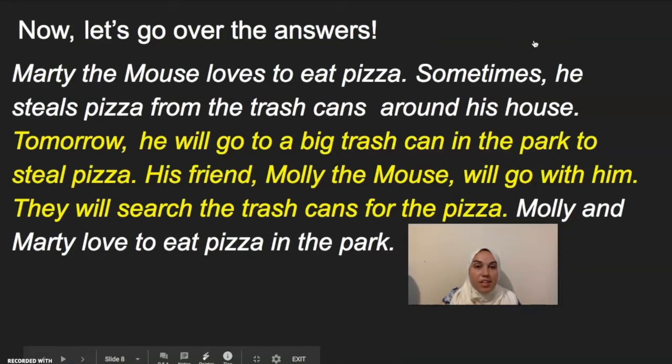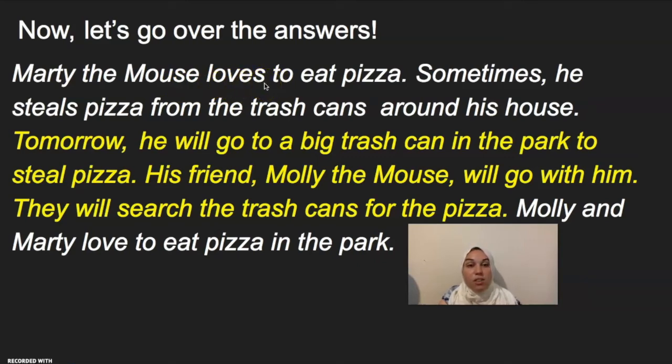I'm going to start by reading the paragraph and going over the answers with you, okay? Make sure you're following along and figuring out what you got correct and maybe what you need to work on, all right? So, Marty the mouse loves to eat pizza. This sentence does not have a will in it, nor does it have a verb in the infinitive because love is in the present simple tense.